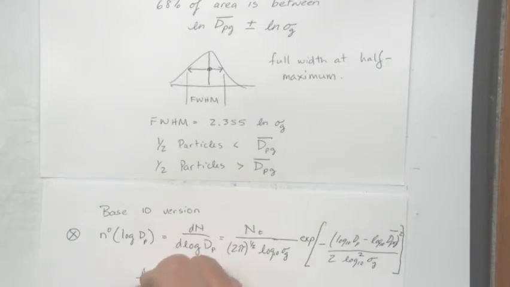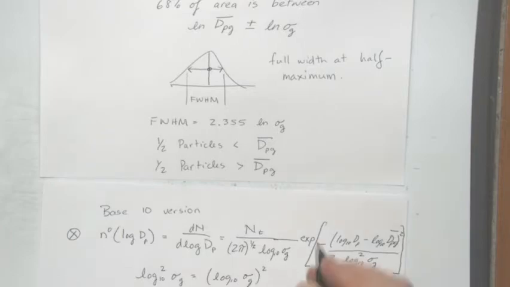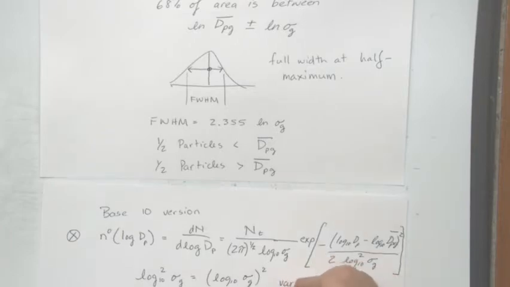Then log 10 squared sigma g. It's the same thing as log 10 sigma g squared is the variance. Log 10 sigma g is the standard deviation.